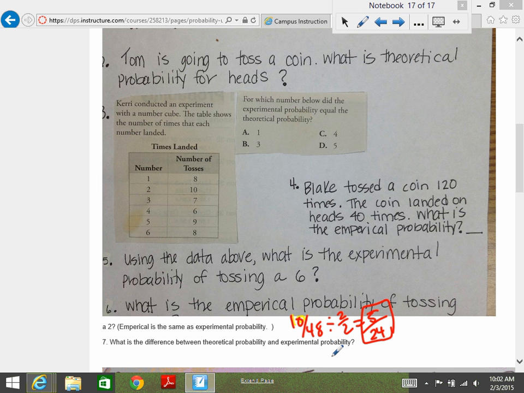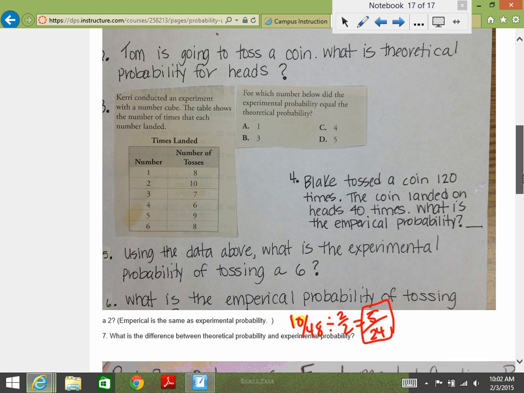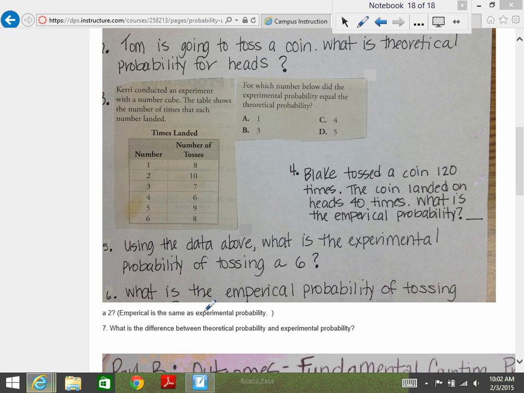Number 7. What is the difference between theoretical probability and experimental probability? We talked about that earlier. What's the difference? Yes, experimental is when we do the experiment.